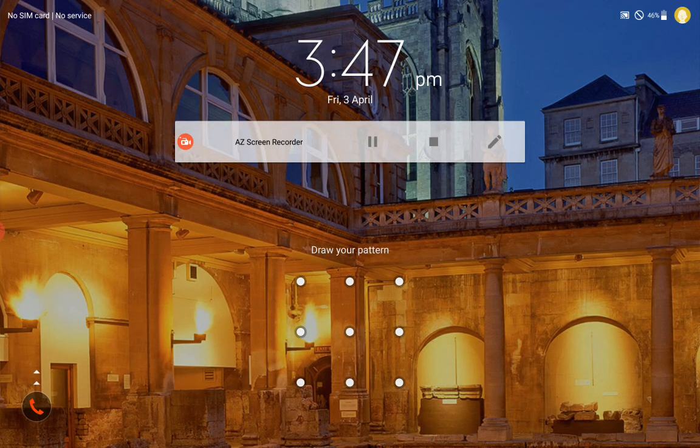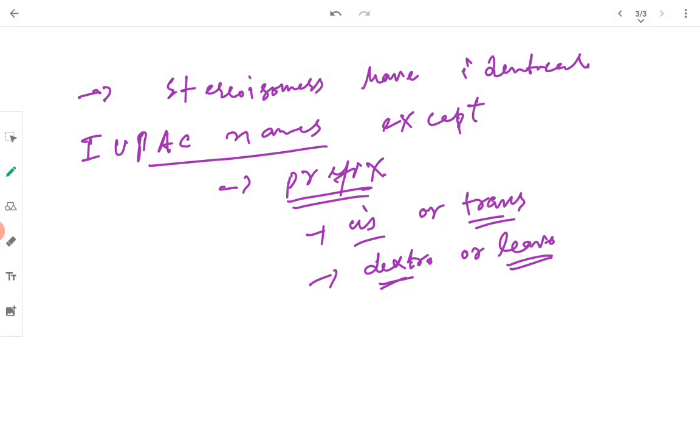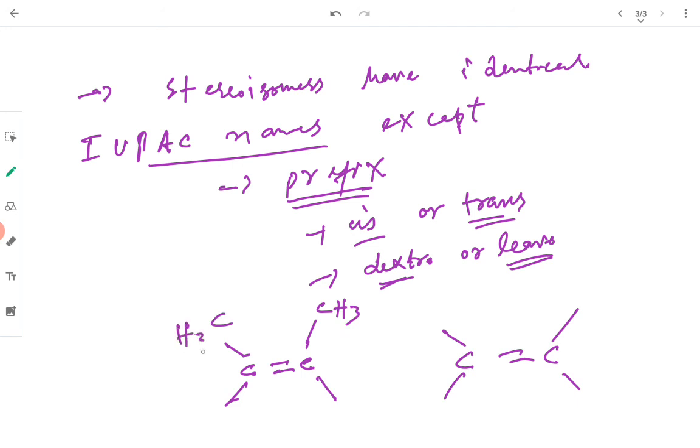Example मैंने आपको इसमें दे दी, लास्ट वाले पेज पे हमने एग्जाम्पल ली है. मैं इसको रिपीट करता हूँ इस एग्जाम्पल को. You can see this is CH3, this is CH3, this is H, this is H. This is known as but-2-ene.